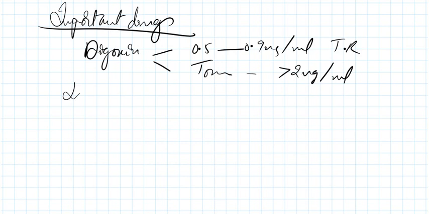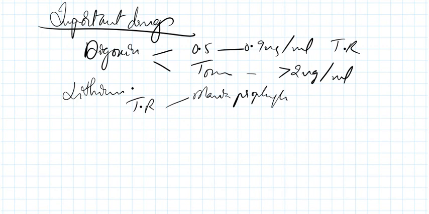Then one more important drug is lithium. What is the lithium therapeutic range? If it is mania prophylaxis, then the lithium therapeutic range is 0.6 to 1.0 milliequivalents per liter.